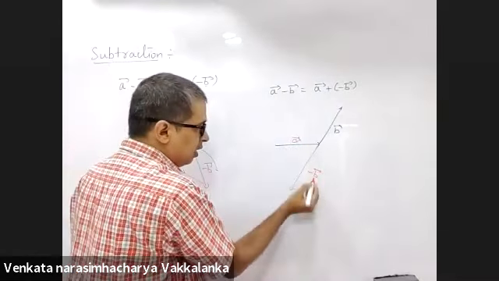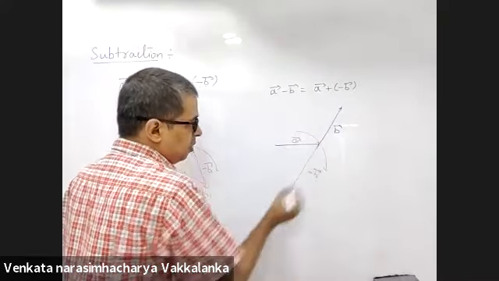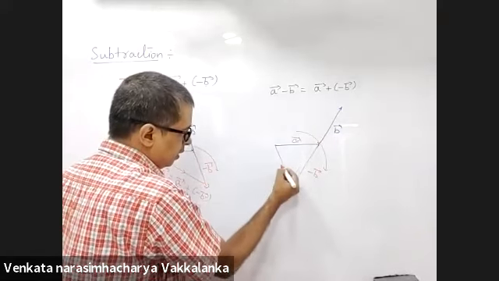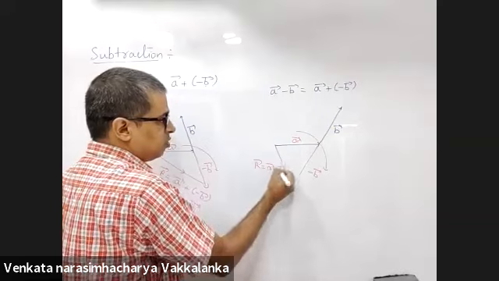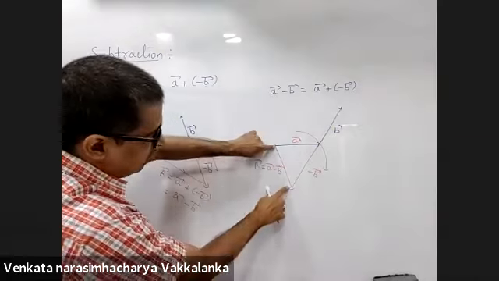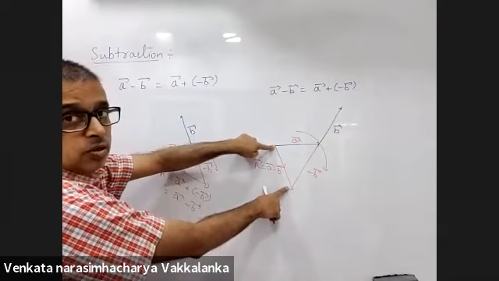Now the resultant of A and minus B will be this particular length. R is equal to A minus B. Measure this length, that will be A minus B.